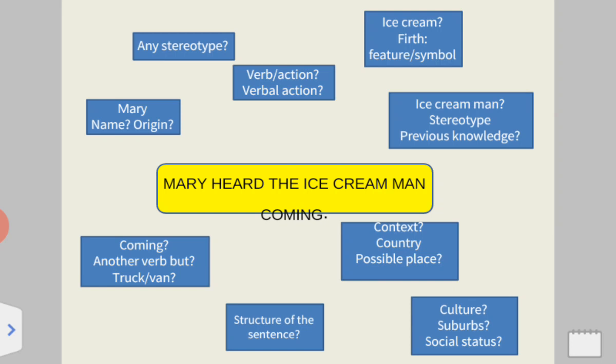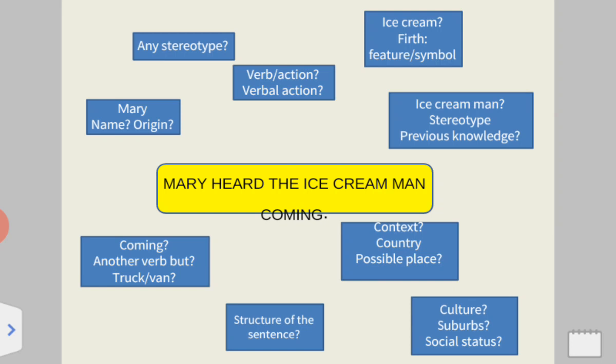So we start thinking of a stereotype about Mary based on our background knowledge, on our experience, and also on the information about the culture that we have about the United States, for example.